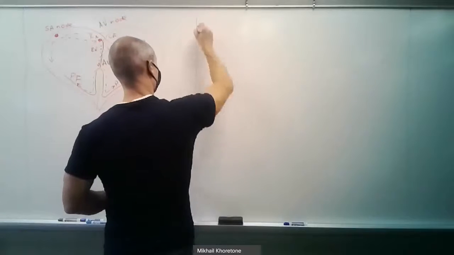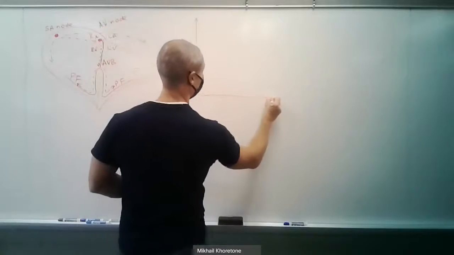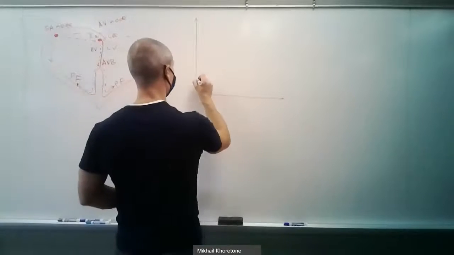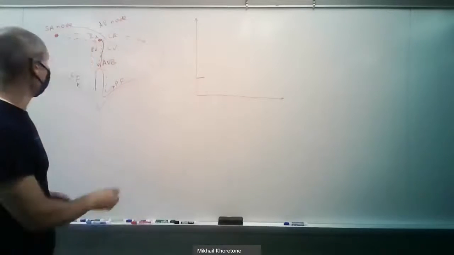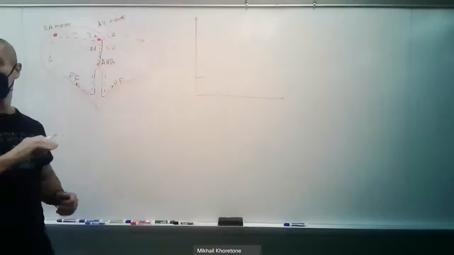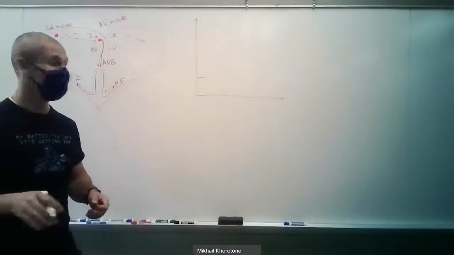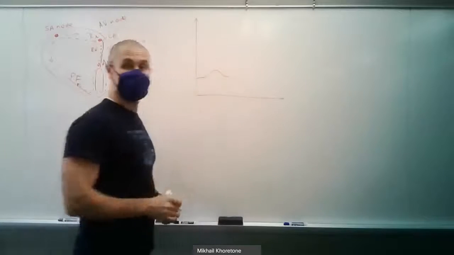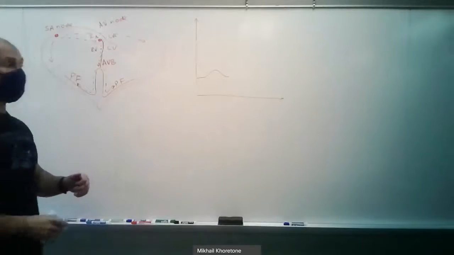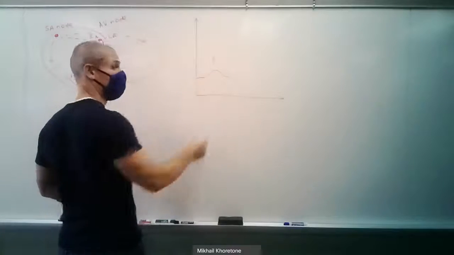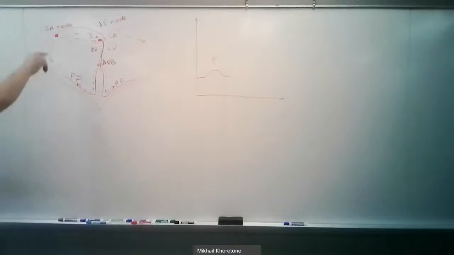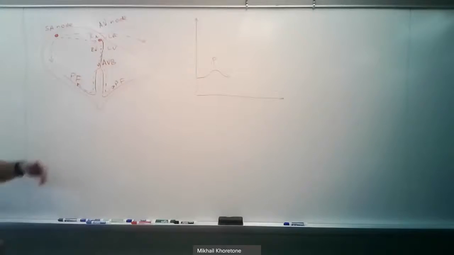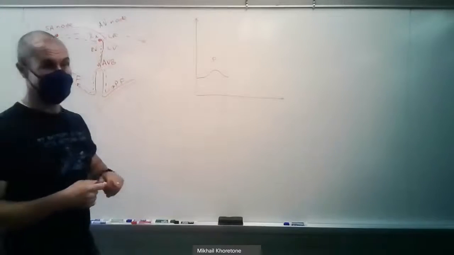A generic EKG profile of a single heartbeat will be this. Look. First, you have depolarization of the atrium. Does that make sense? That's called the P wave. Then eventually, the signal will go through the node, through the atrioventricular bundle. It will start depolarizing the ventricles.